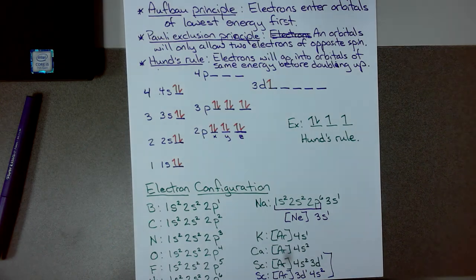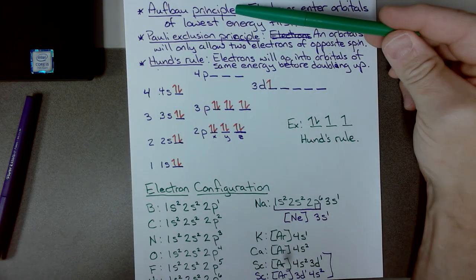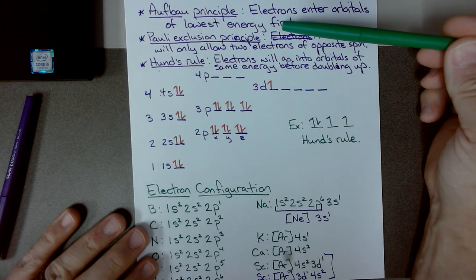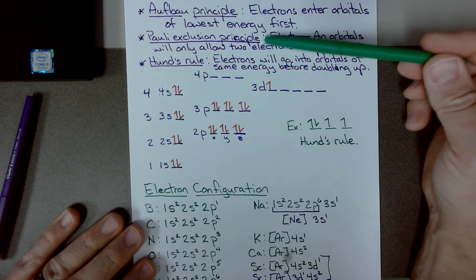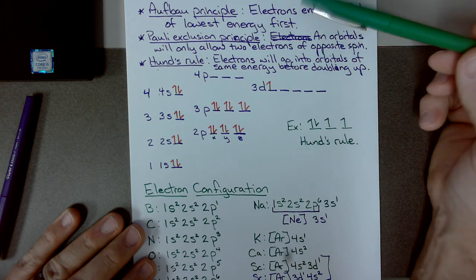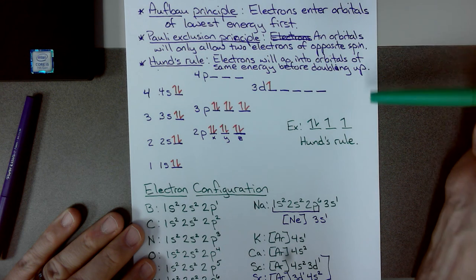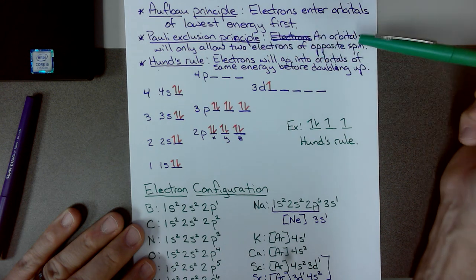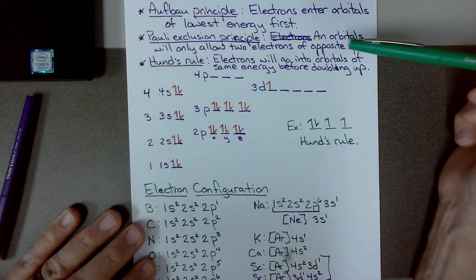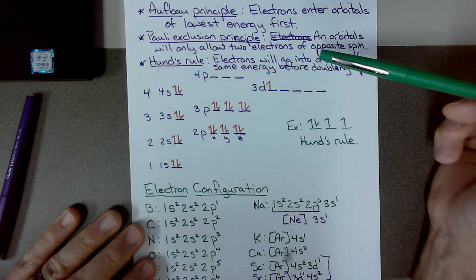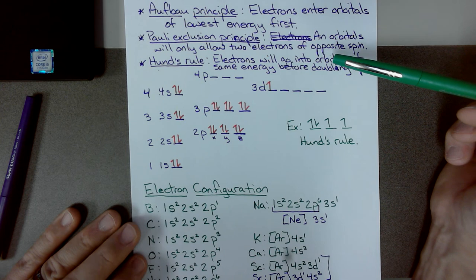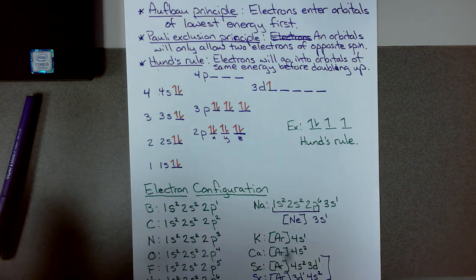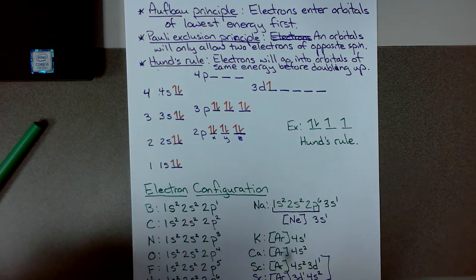So here we look at the Aufbau principle, which says electrons enter orbitals at lowest energy first. The Pauli exclusion principle states that an orbital will only allow 2 electrons of opposite spin, no more. Then Hund's rule states that electrons will go into orbitals of same energy before doubling up.